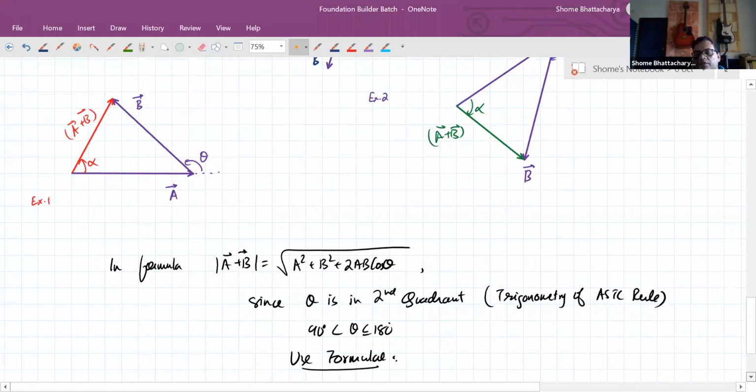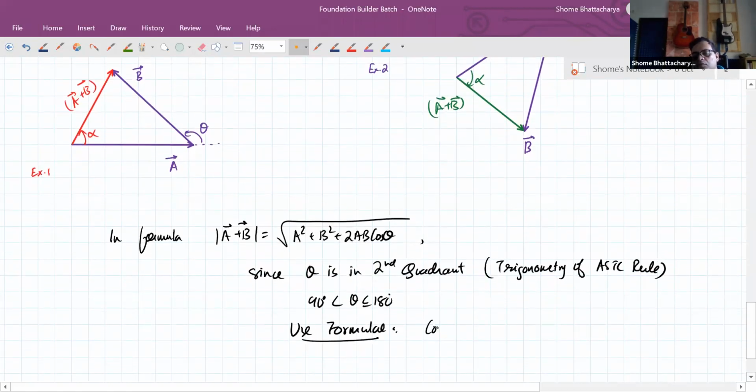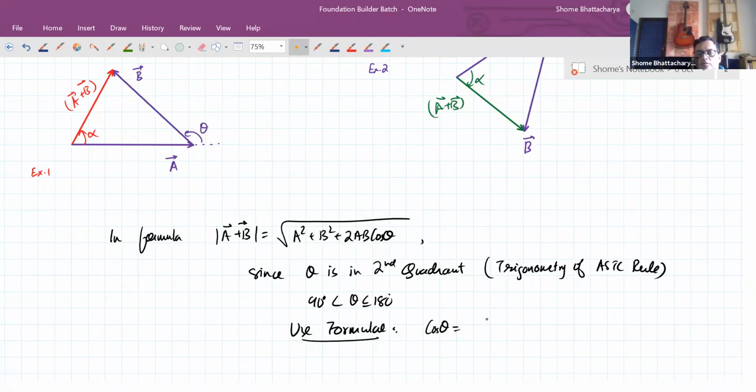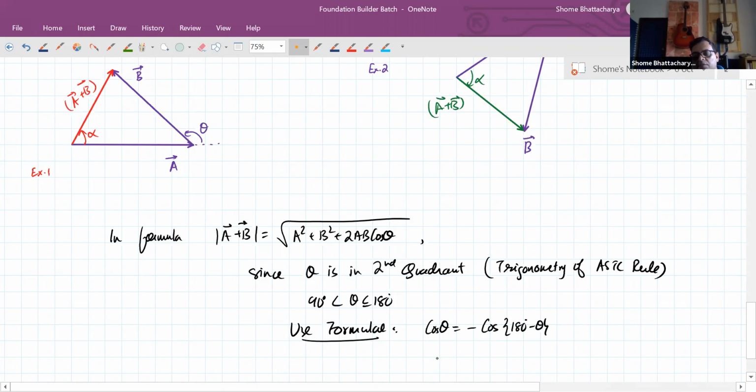from trigonometry that cos theta is minus of cos. Cos is a negative quantity in the second quadrant, so it is minus of cos of 180 degrees minus theta.